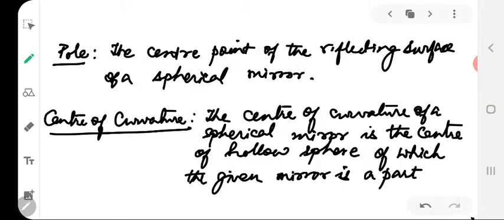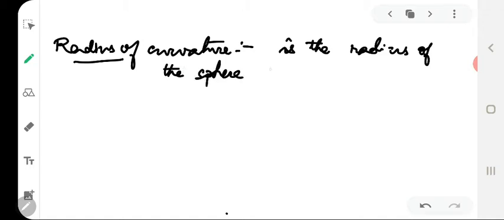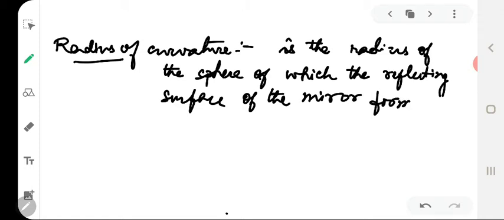Radius of curvature is the radius of the sphere of which the reflecting surface of the mirror forms a part.